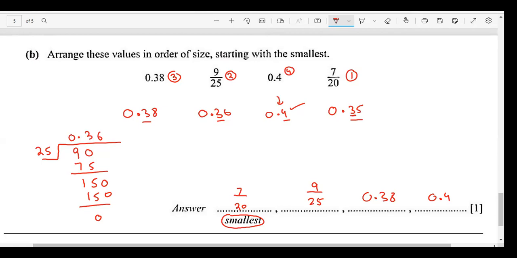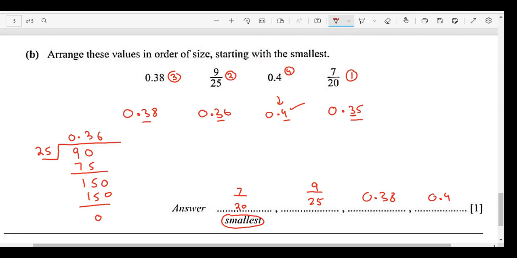One thing that you need to make sure is when he's telling you to write down the smallest, please write down the smallest. The second thing, in the beginning, if you look at the question directly, you would not be able to understand if 0.38 is greater or if 9 by 25 is greater. You need to write them down in the same way just so we can compare them.